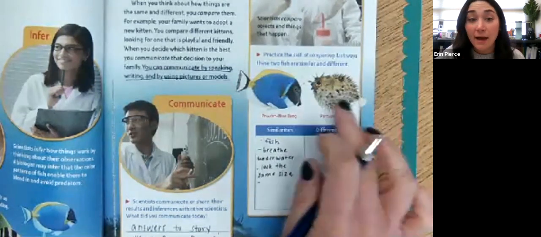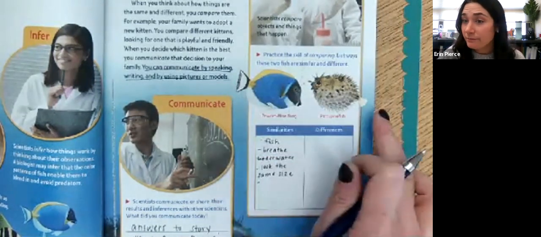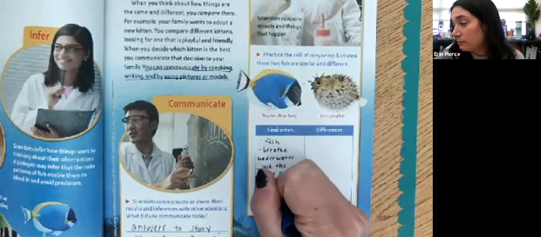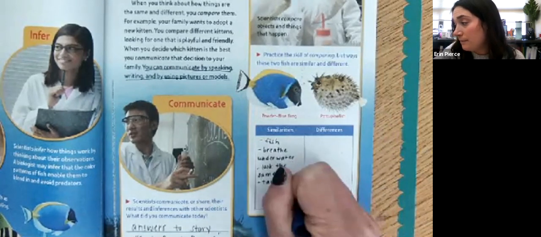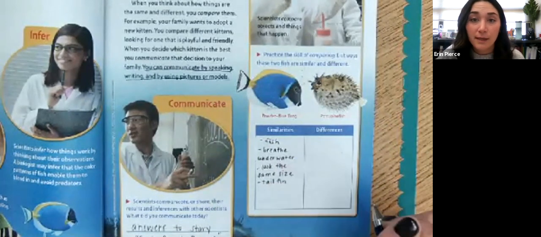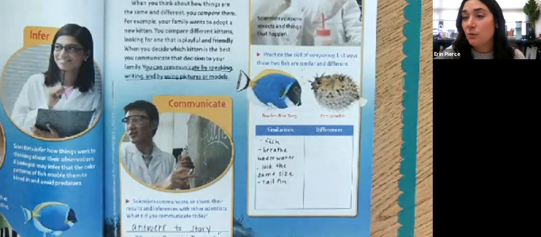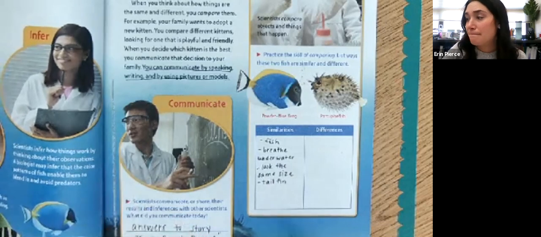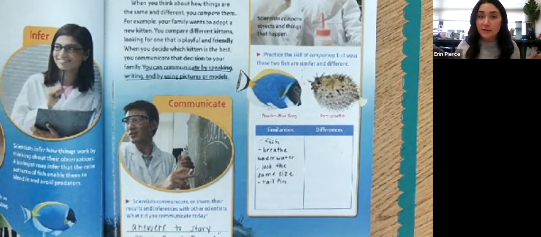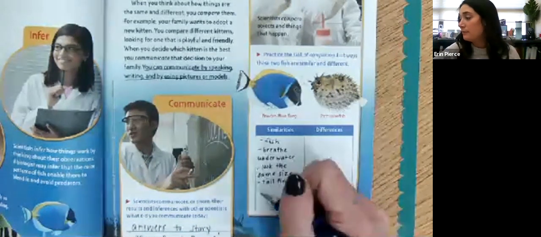They both have tails. They both have that tail fin. They need that to steer themselves through the water. Mason, are you writing this? They also have fins on their sides.